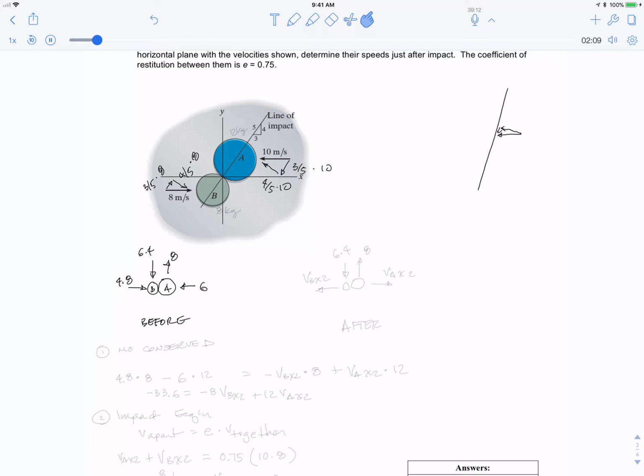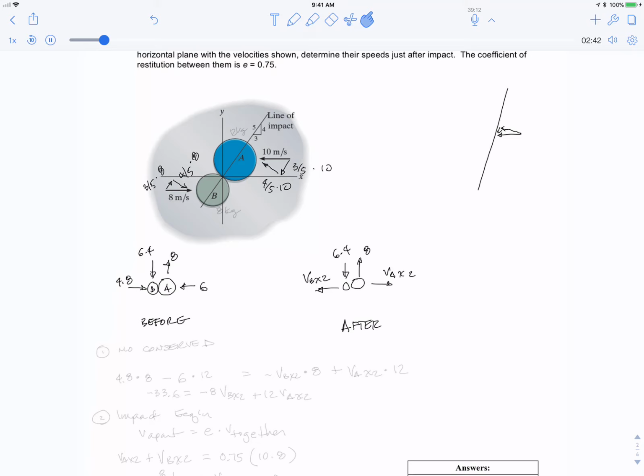And so after, the perpendicular velocities do not change, so that's 6.4 and 8. I'm just going to assume in this case that they're going apart. So that will be VAX2, and that will be VBX2.